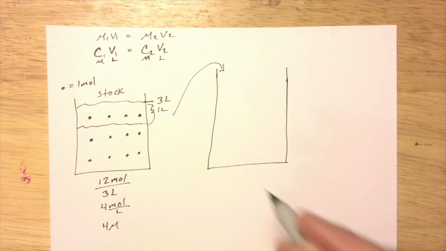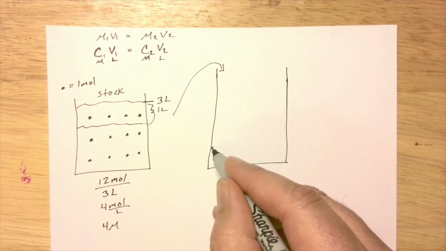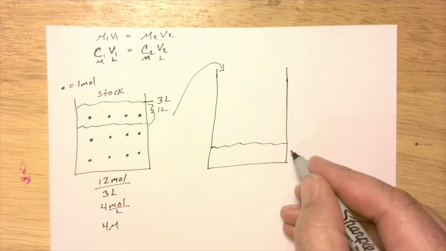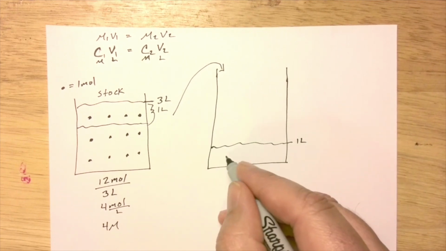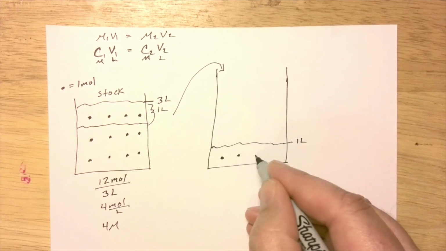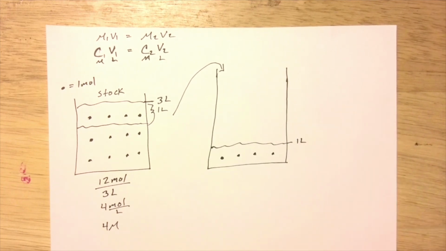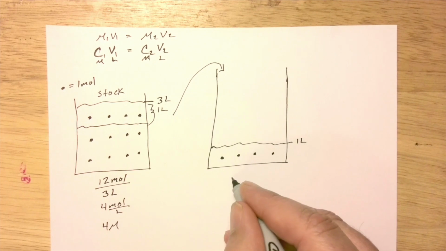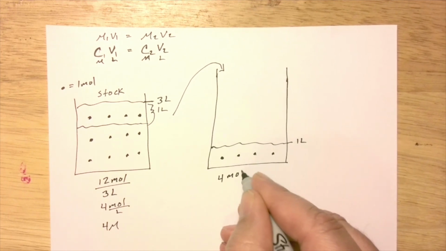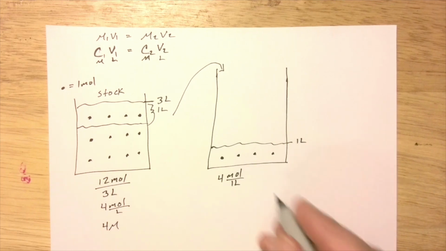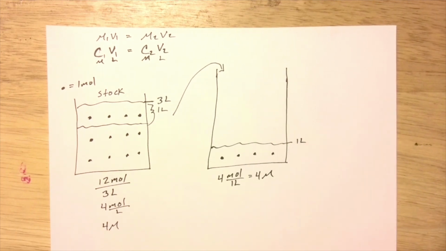In doing so, I would have 1 liter, and 4 of those dots would go across. In other words, I would have 4 moles. So right now, I would have 4 moles in 1 liter, also known as 4 molar.